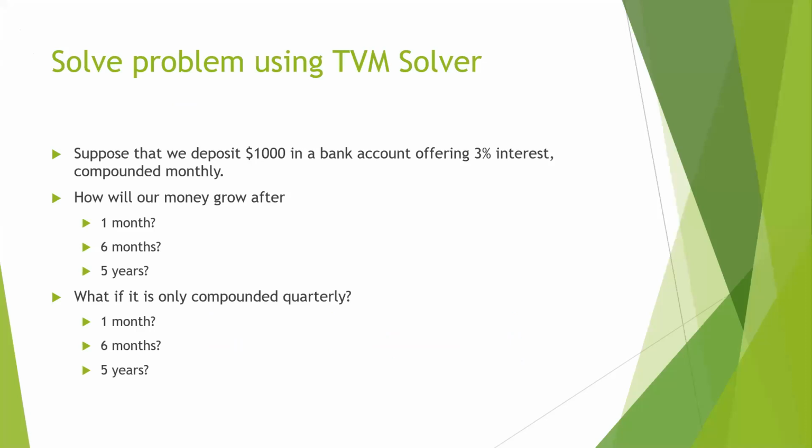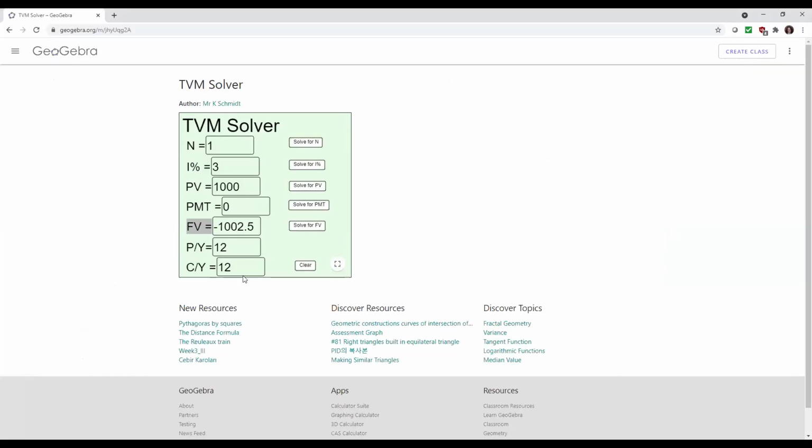How much is it going to grow after 6 months? We're going to go back to the solver. We still want to find the future value. So what has changed? Well, we're still compounding monthly, so the PY and CY are 12 because there's 12 months in a year. It didn't say anything about payments, so the payments are going to stay at 0. We still started with $1,000.